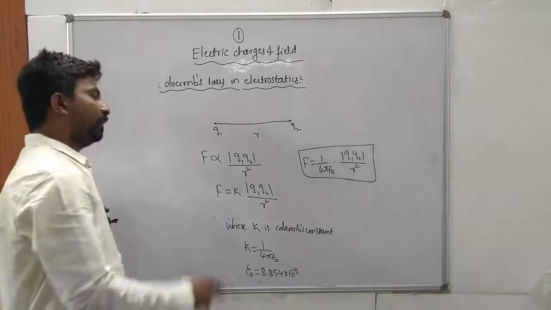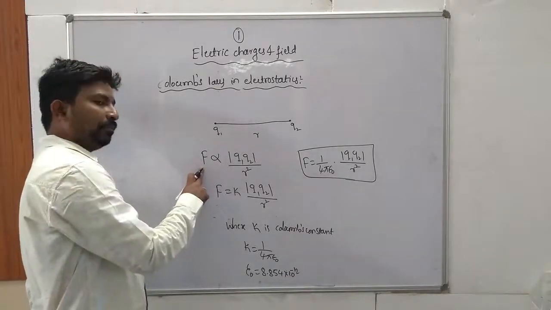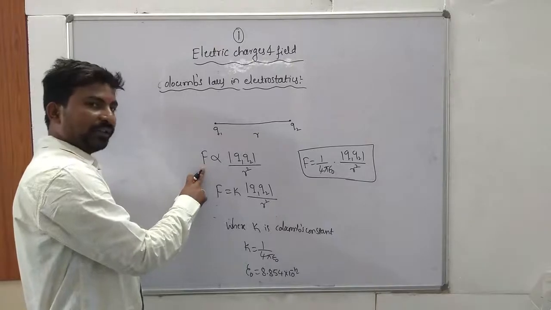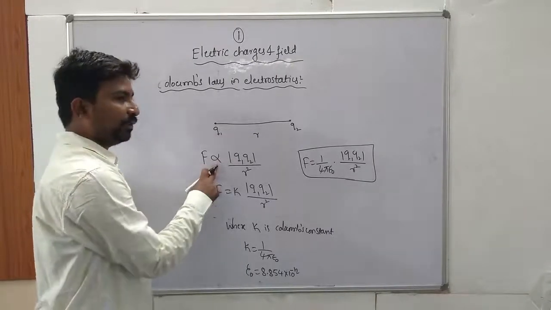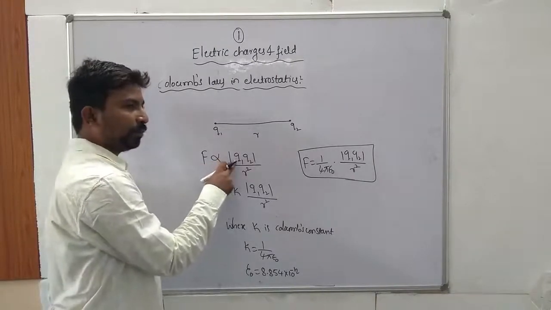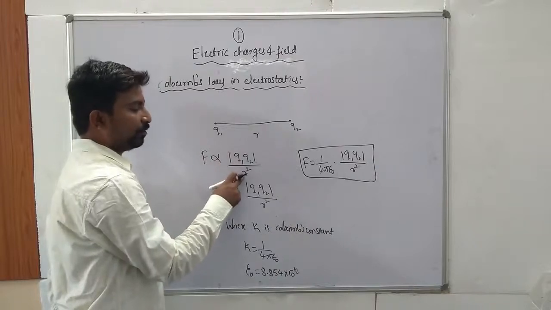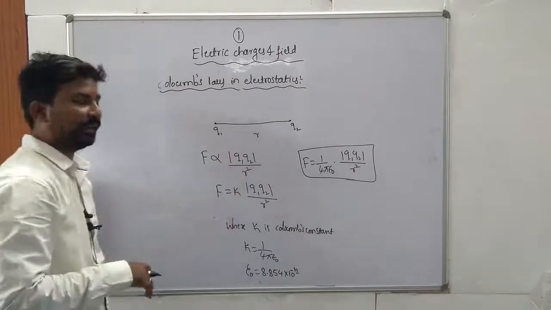Once again, the force of attraction or repulsion between the two point charges is directly proportional to the product of magnitude of the two point charges and inversely proportional to the square of the distance between them.